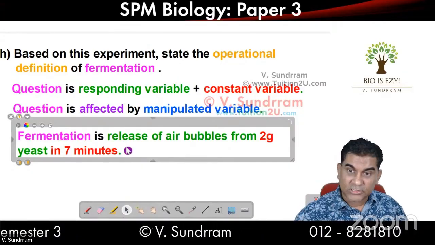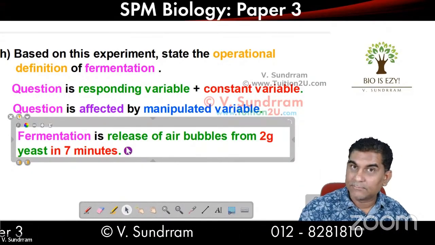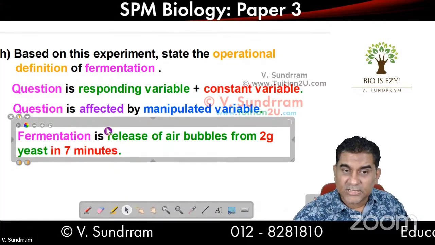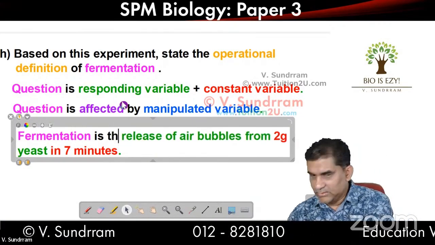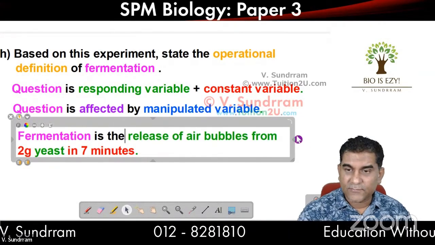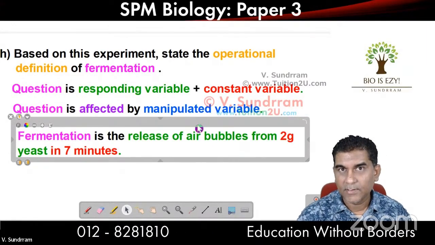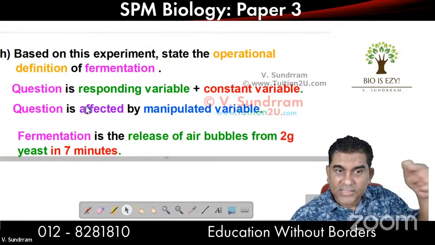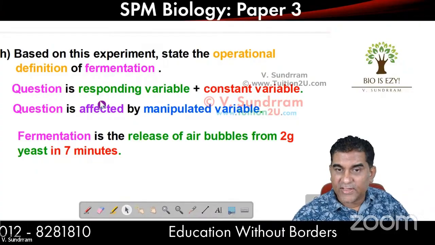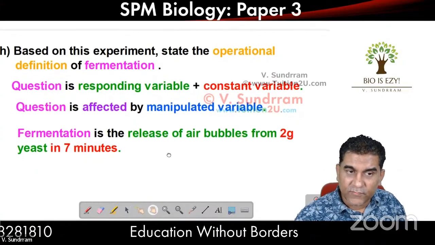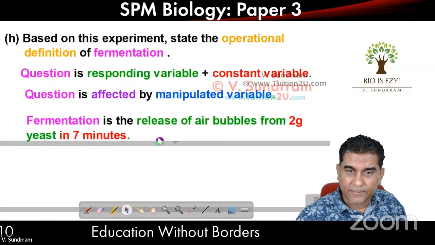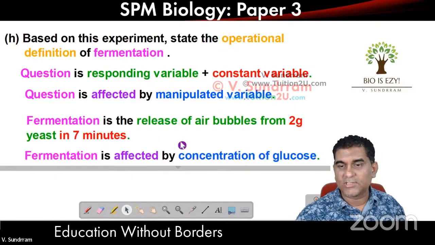I have 2 constant variables, 2 grams and 7 minutes. The second sentence: the question is affected by the manipulative variable. So fermentation is affected by the concentration of glucose.